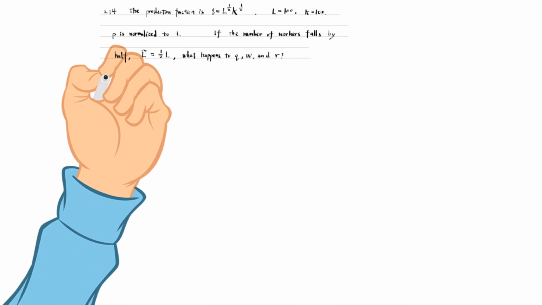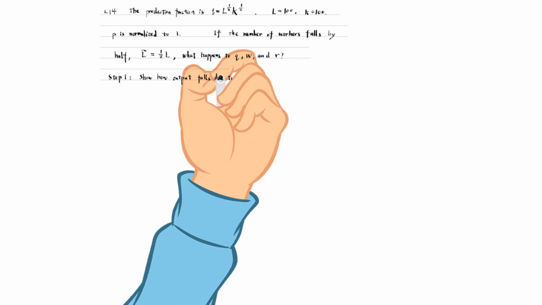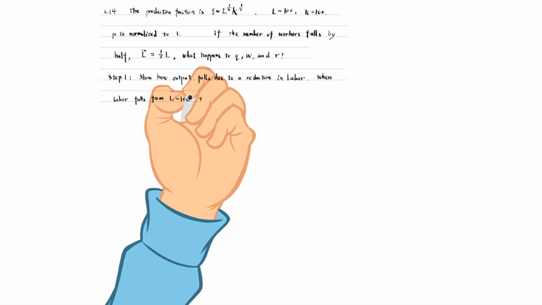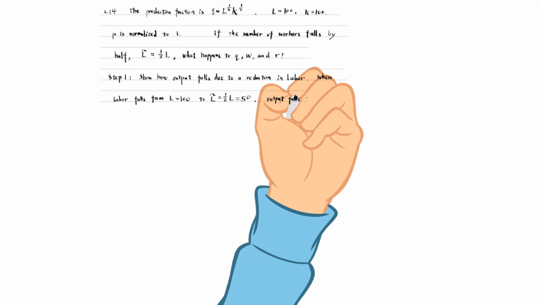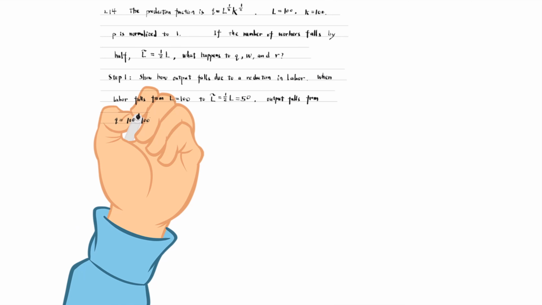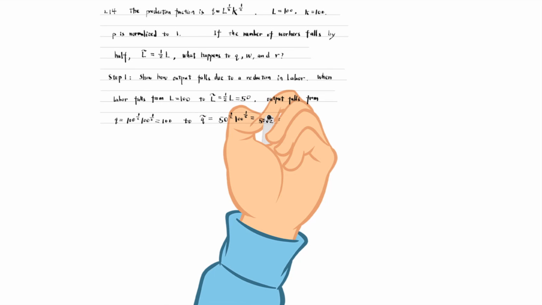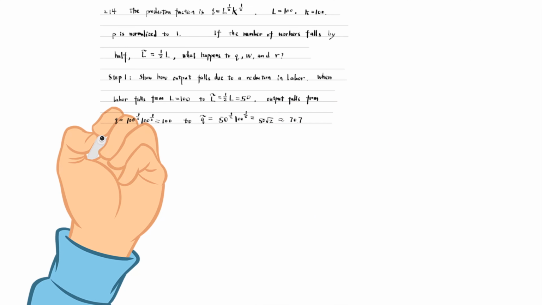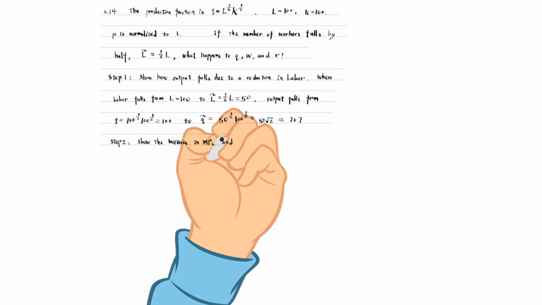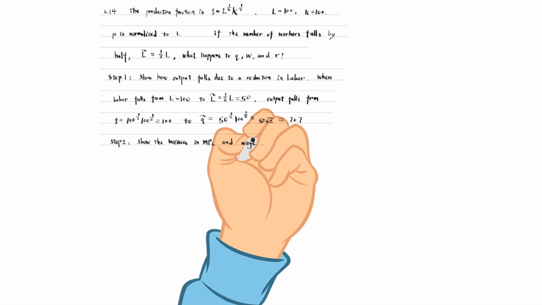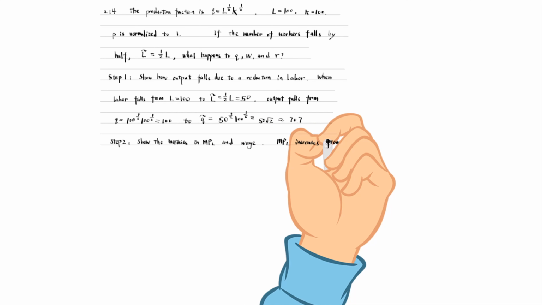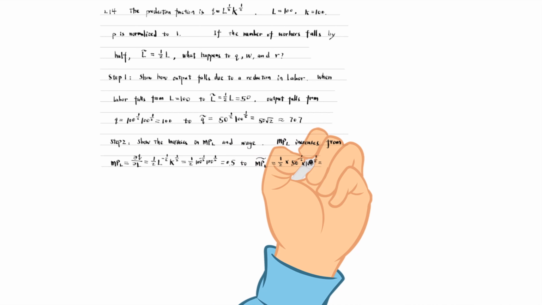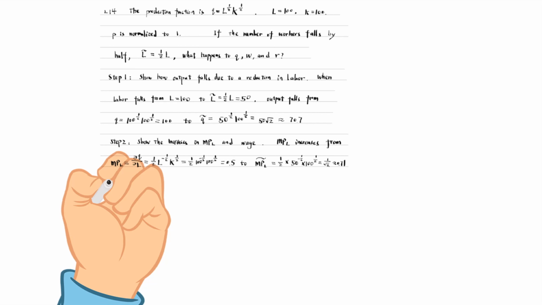In the first step, we show how the output falls due to a reduction in labor. When labor falls from 100 units to 50 units, the output falls from 100 to 70.7. In the second step, we show the increase in the marginal product of labor and wage. The marginal product of labor increases from 0.5 to 0.71.